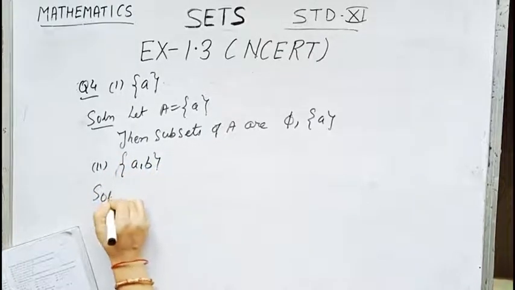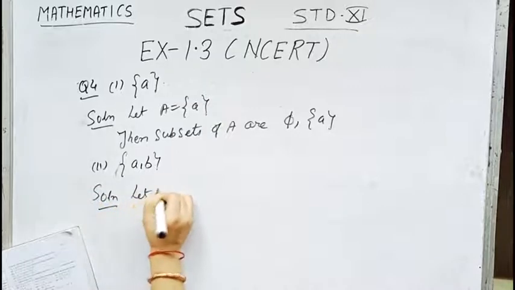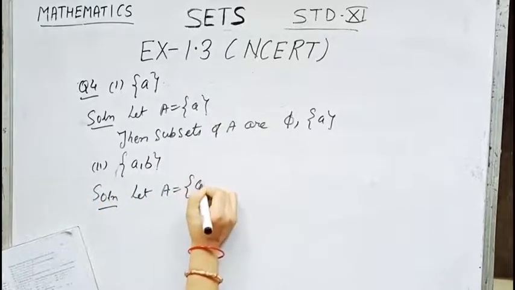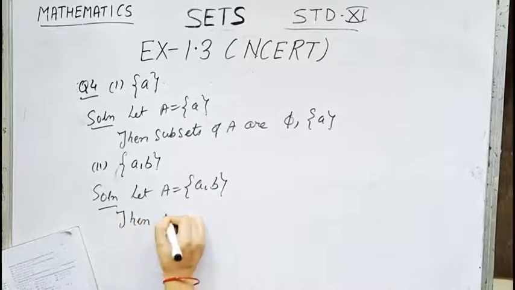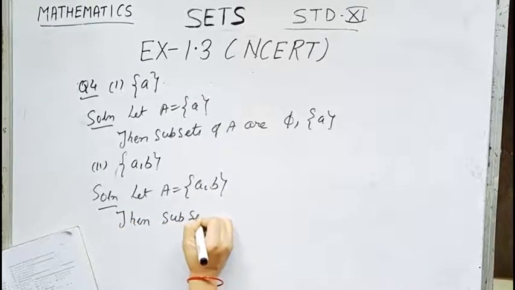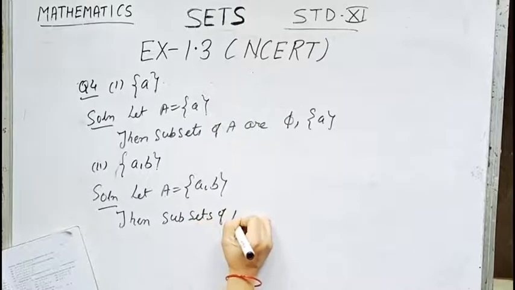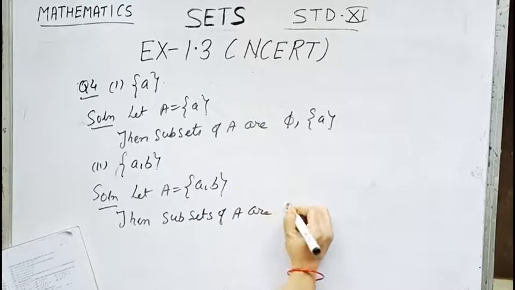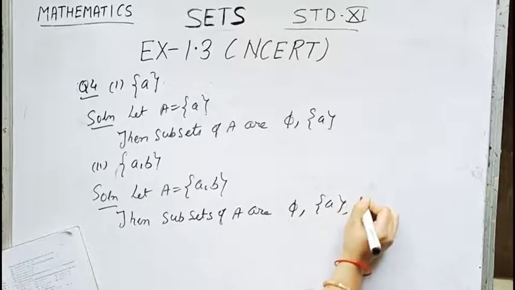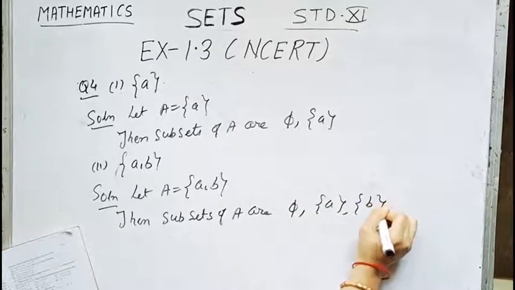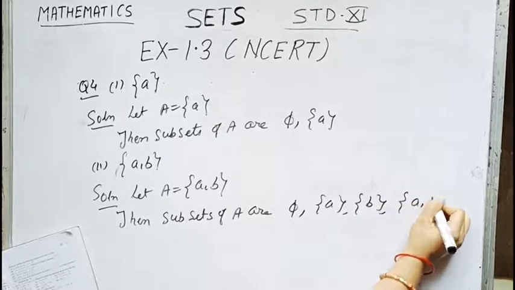So in solution part, let capital A equals set containing AB. Then subsets of A are, let us write phi, then the single letter, and then the pair element.